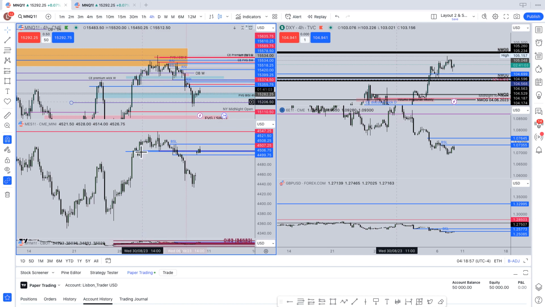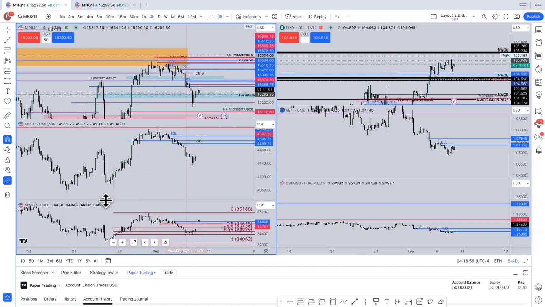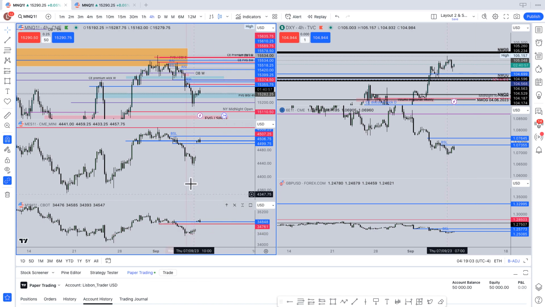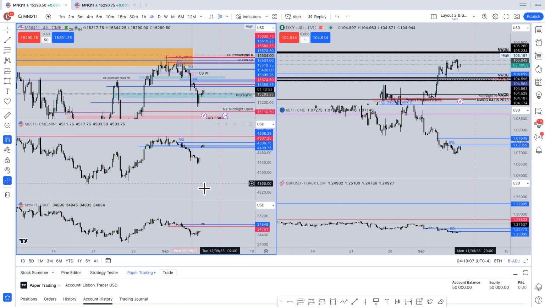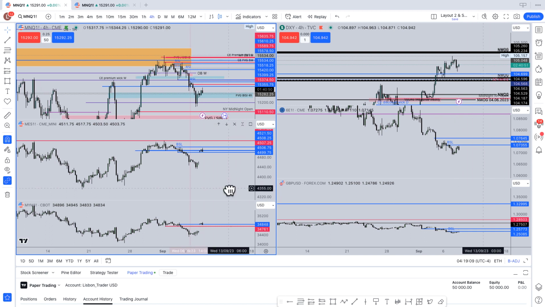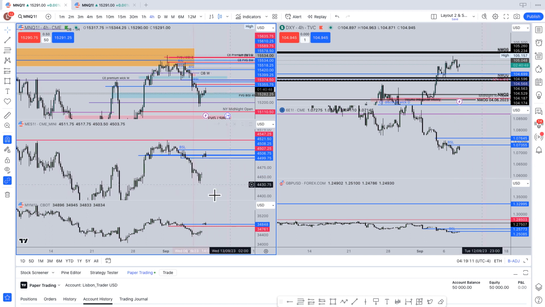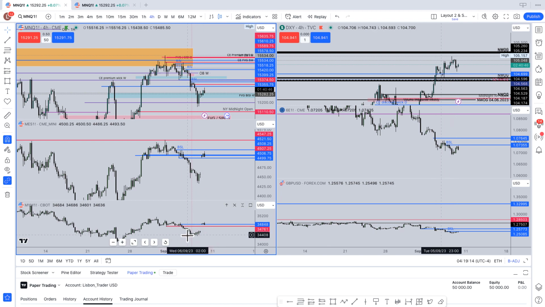Mostly I use these two. I don't check the Dow too much, but it's down here just for the sake of having it. Sometimes an SMT might occur on the Dow while the others keep in sync.